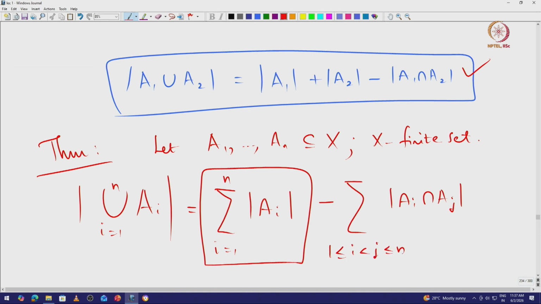So, then we get some better approximation of this union of A_i, but this is not good enough, because the elements that are in the intersection of three sets are actually subtracted twice in this summation. So, basically the elements in the three-fold intersection were kind of extracted from this summation.